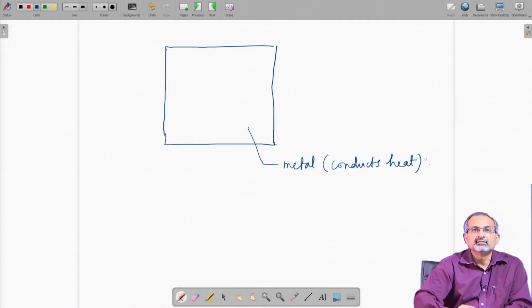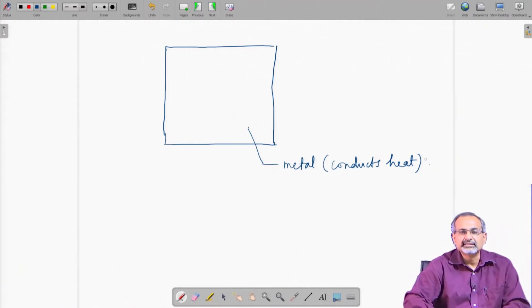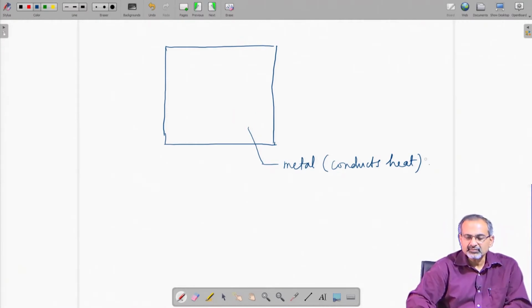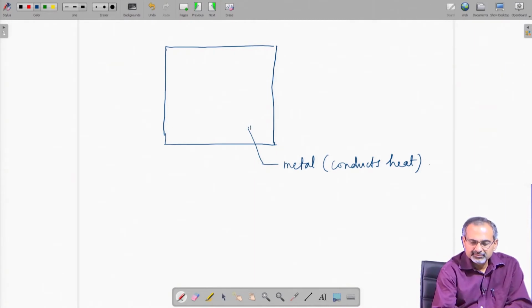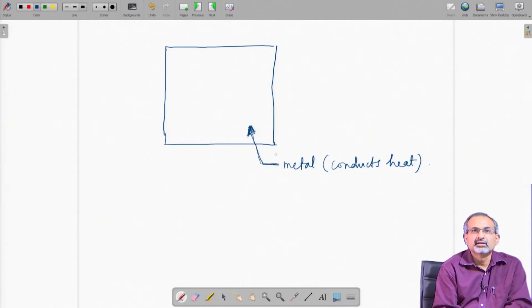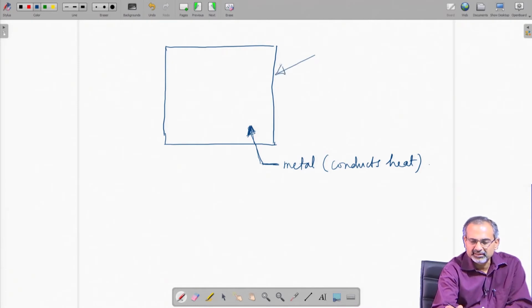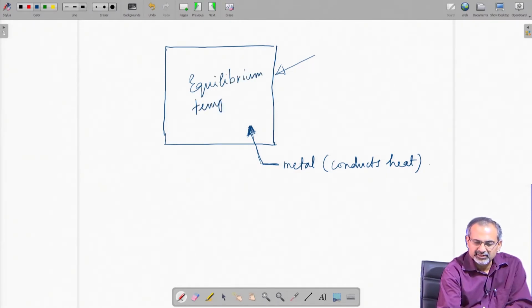So, if we consider this to be a problem of steady state heat conduction, then we want this piece of metal as a heat conductor, so that when we pose the different boundary conditions along the edges of this piece of metal, we should get an equilibrium temperature distribution inside.